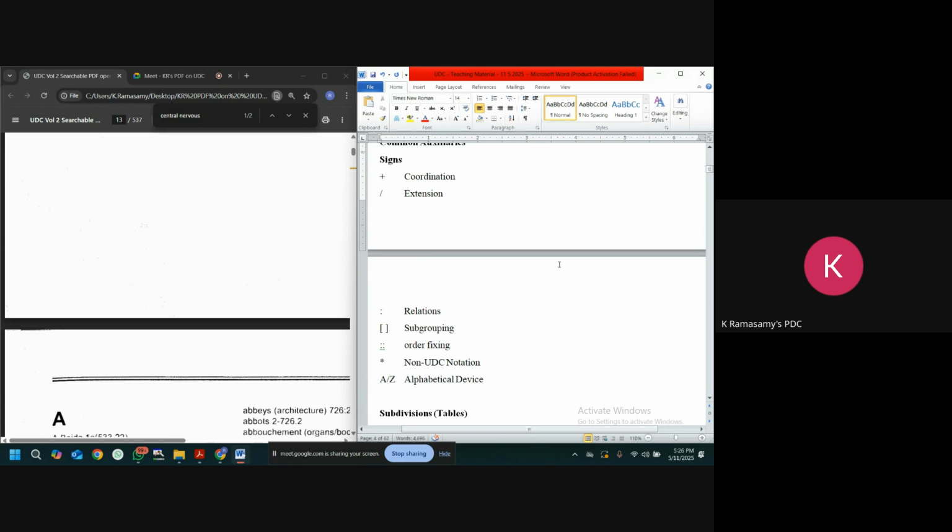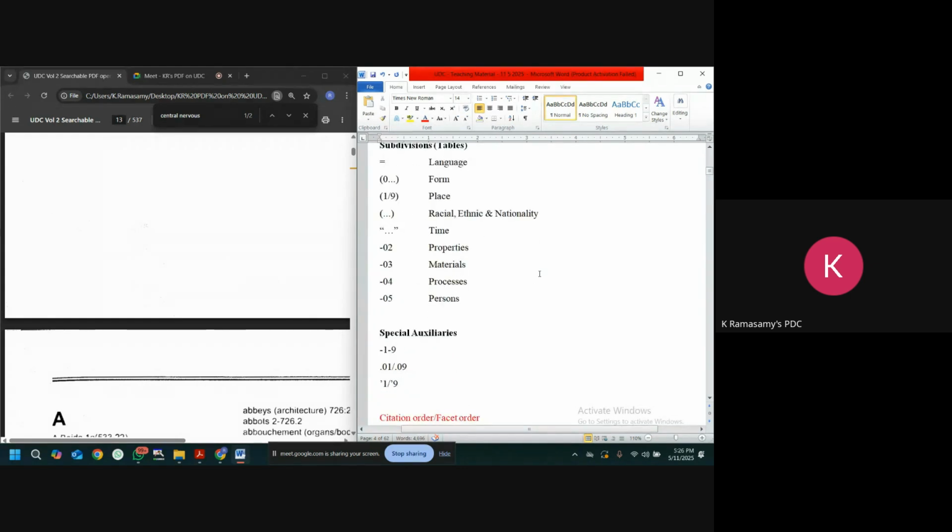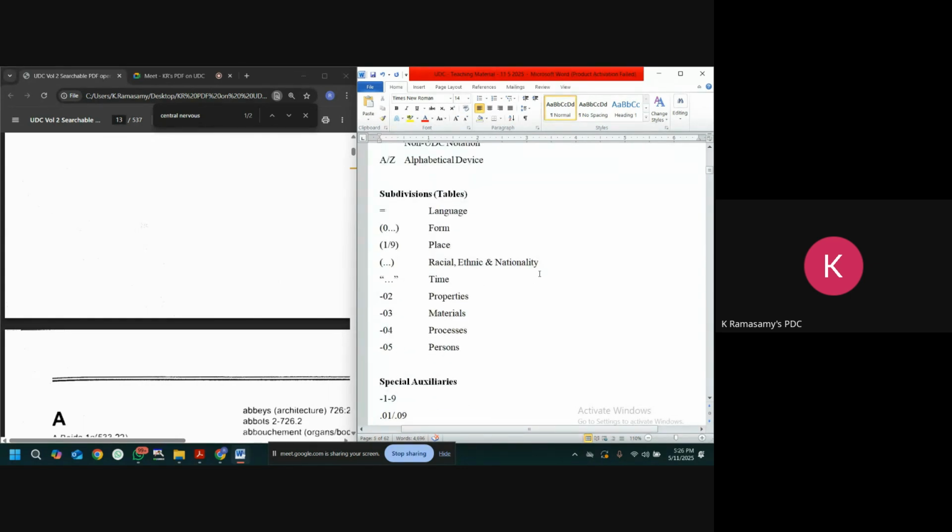The second category of common auxiliaries is presented in the form of tables. I showed you the tables: we have a table for language, form, place, racial, ethnic and nationality, time, and the so-called common auxiliaries of general characteristics.